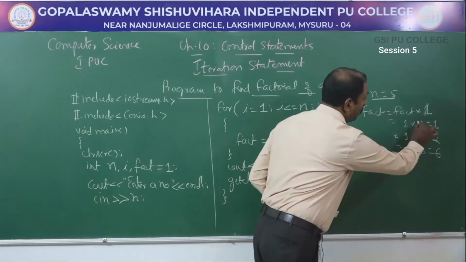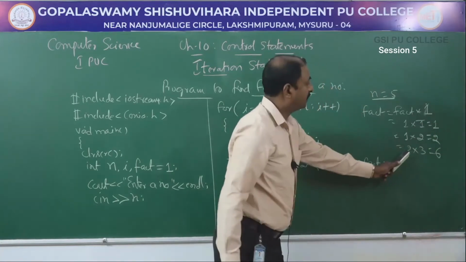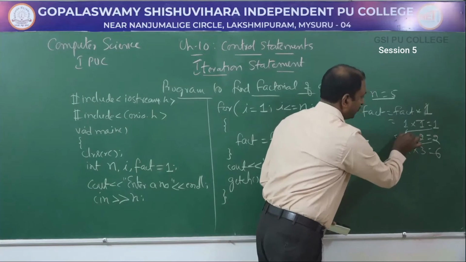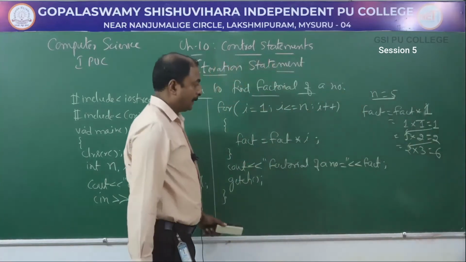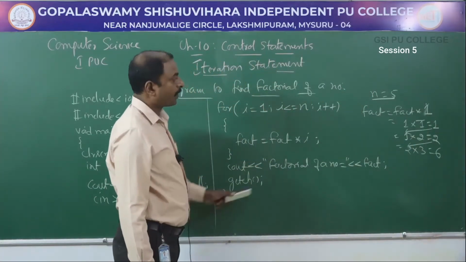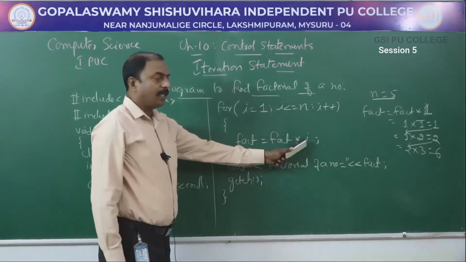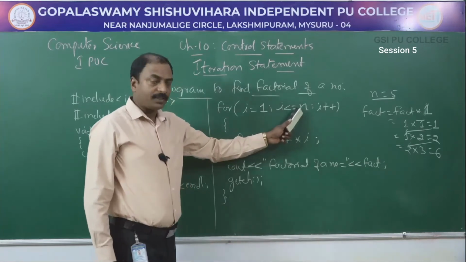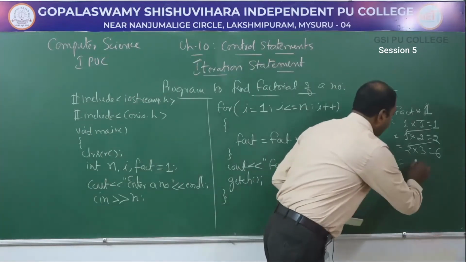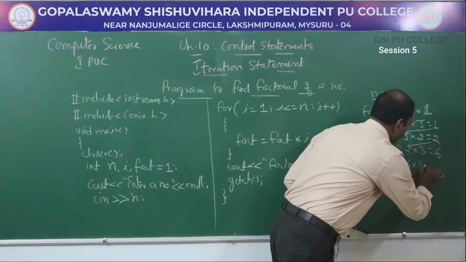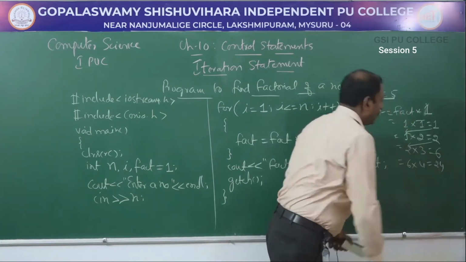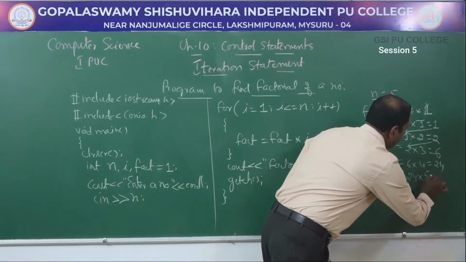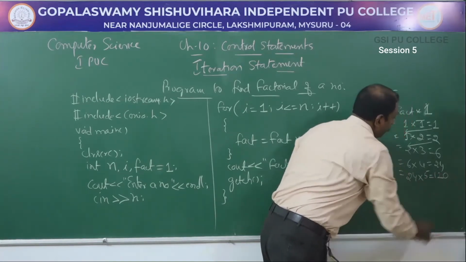This is the value of i here, and this is the previous value of fact. Next, i becomes 4. 4 is less than n, it is true, so it enters the loop: 6 into 4 equals 24. When i becomes 5, it is 24 into 5, that is equal to 120.